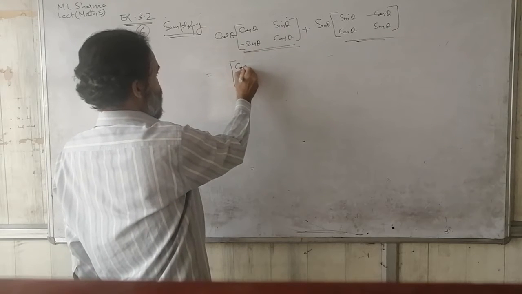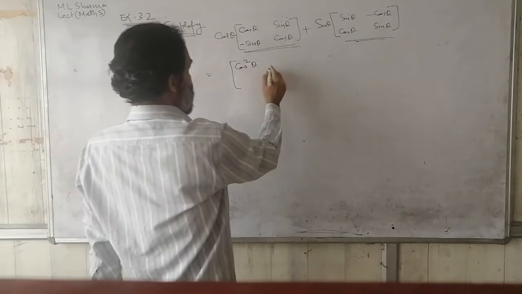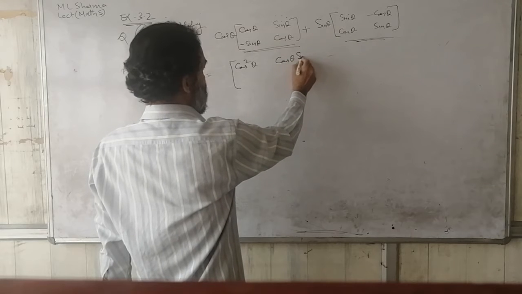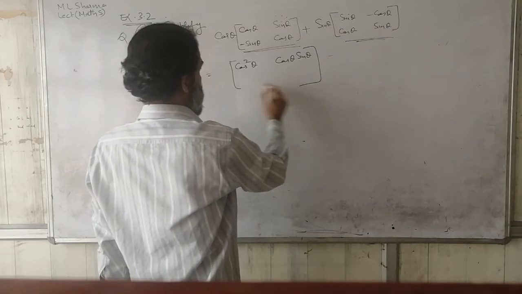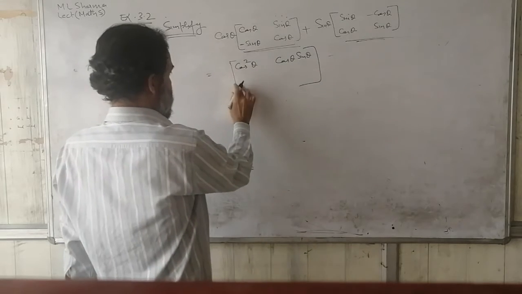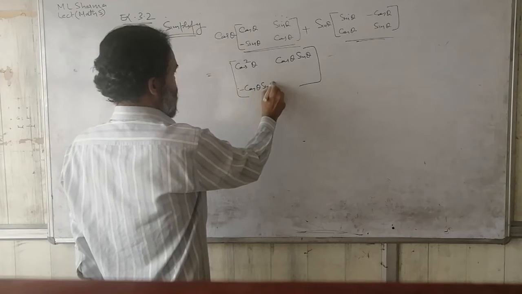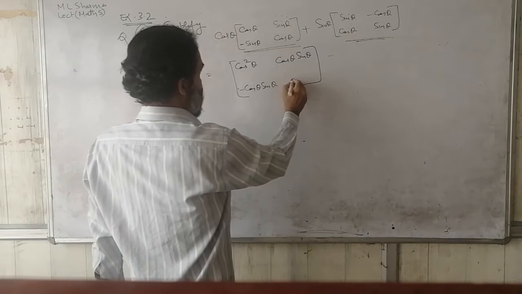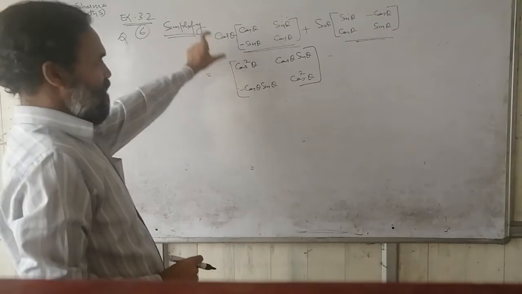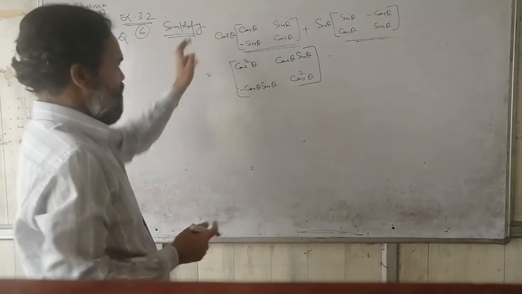This is scalar multiplication. It will be cos square theta. Then cos theta multiplied by sin theta. So it will be sin theta cos theta. Then cos theta multiplied by minus sin theta. It will be minus cos theta sin theta. Then this again cos square theta. So this is a matrix obtained by multiplying the elements of this matrix by cos theta.